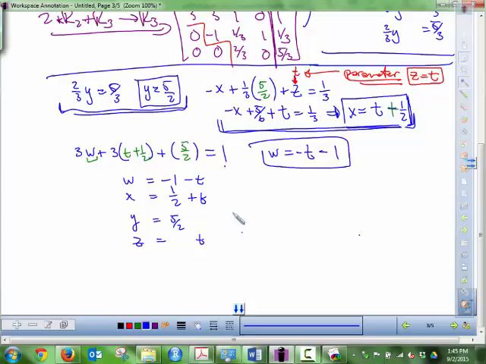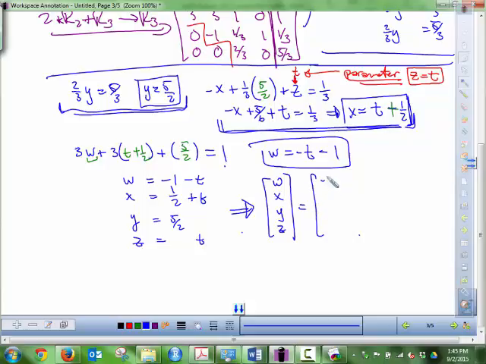Now that you know that, the answers that you guys gave on your quiz had something like a vector plus t times another vector or something like that. It's exactly what we have here. The reason why I wrote it like this is that those numbers without a t, let me write the w, x, y, z first, and let me now write it in vector form. Those numbers without a t can be brought together, kind of corralled together as a vector.